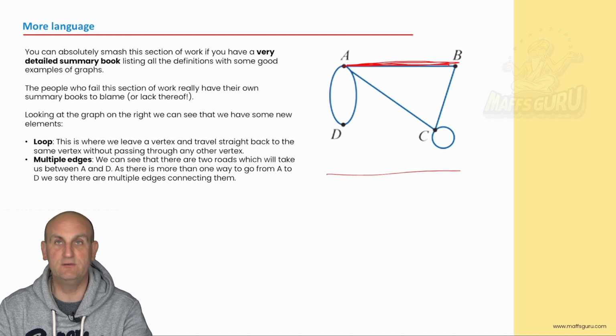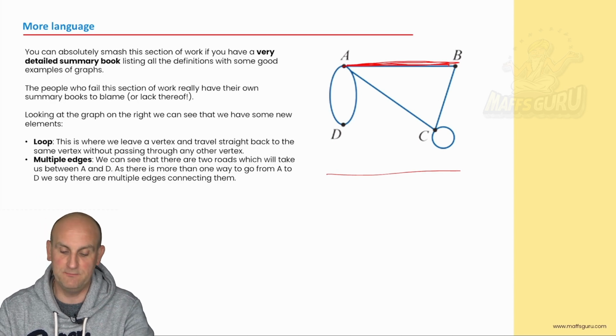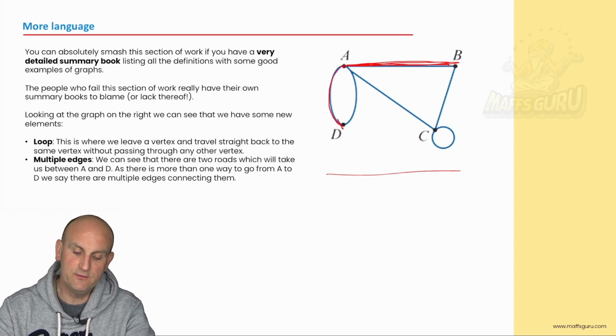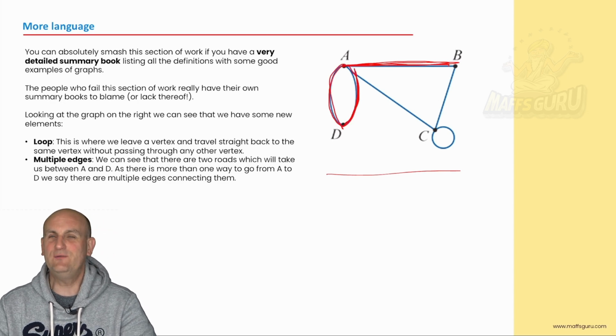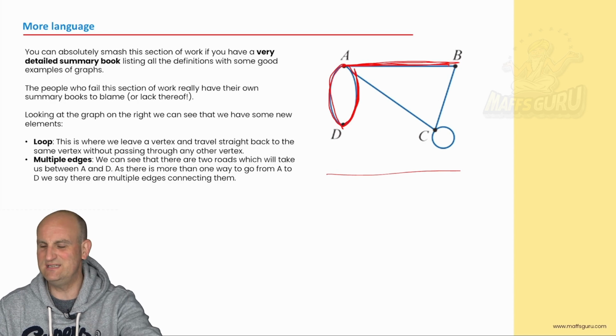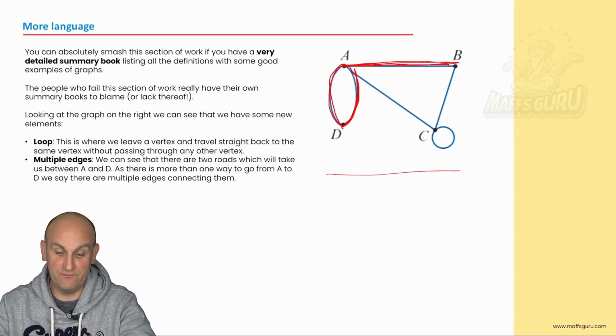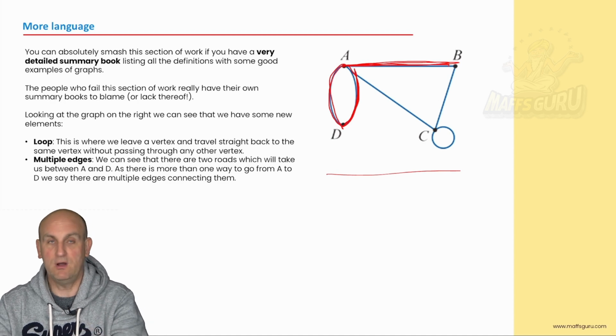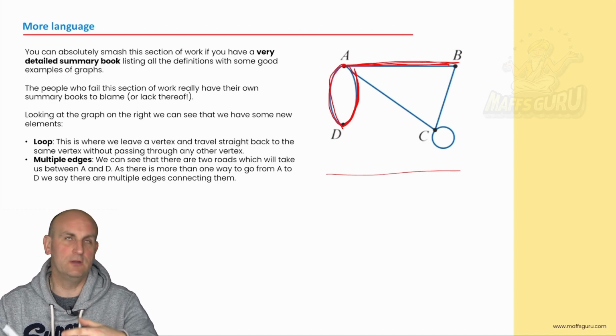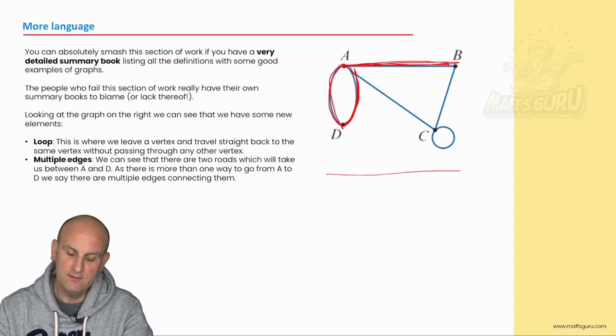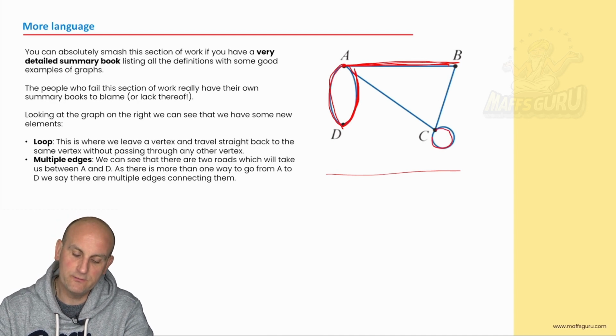In that situation, there is one direct road between A and B. But I notice here that there are actually 2 connections between A and D. If I was to go from the city to, say, Richmond, there's more than one way I can go. And that's very much why graphs are great. We can show that without drawing all those silly road networks. The interesting one here is this.